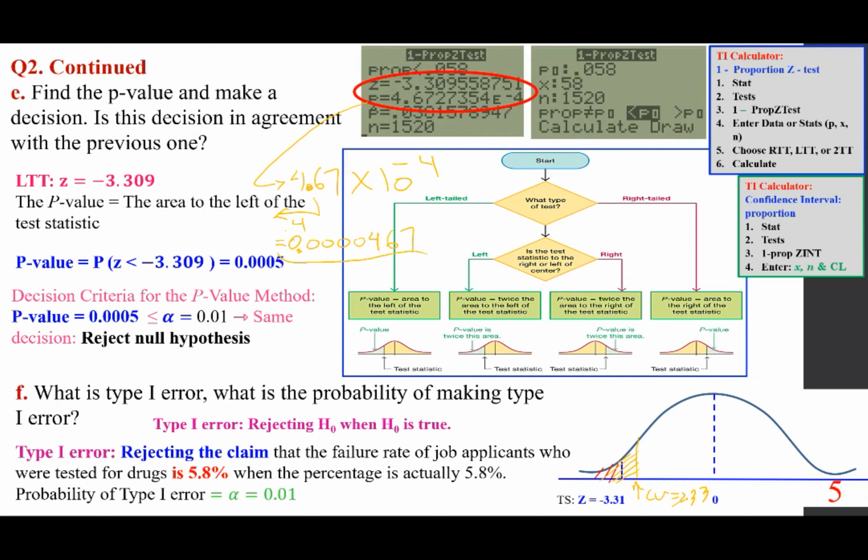As you can see, this is very close to this if you do the rounding. So that is using technology. We're going to look at more examples, and you'll see that we're going to repeat the same process.